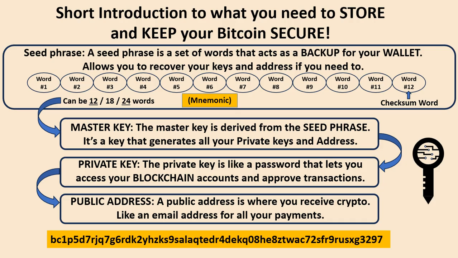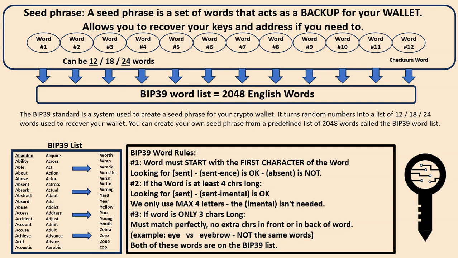Now, as you can see on the screen, here's a fictitious, and I repeat, fictitious Bitcoin address. So what happens is you've created those 12 words, and they come from those 2048 English words called the BIP39 word list. It's a standard system used throughout the world to create your seed phrase for your crypto wallet. And it turns those words into a seed phrase.